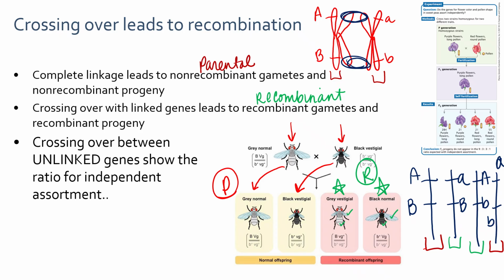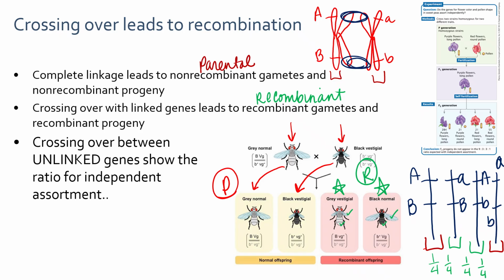Remember that our gametes are each going to form. There's going to be an equal chance of each of these chromosomes or each of these gametes if they were assorting independently. But if they are not assorting independently, we are going to have an unequal number of offspring.